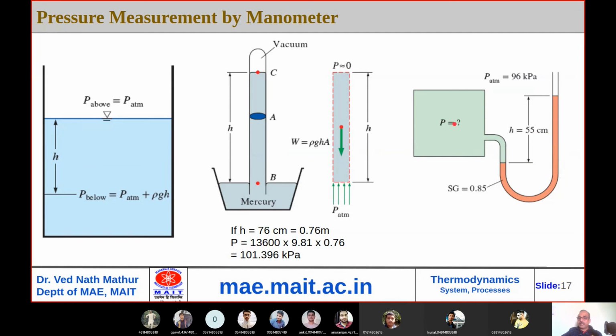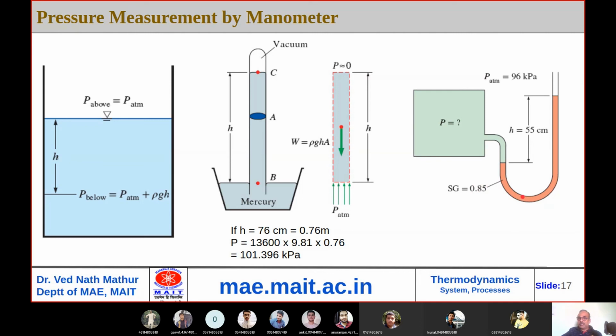So again, if you multiply rho g with this H, we'll get the pressure within this chamber.